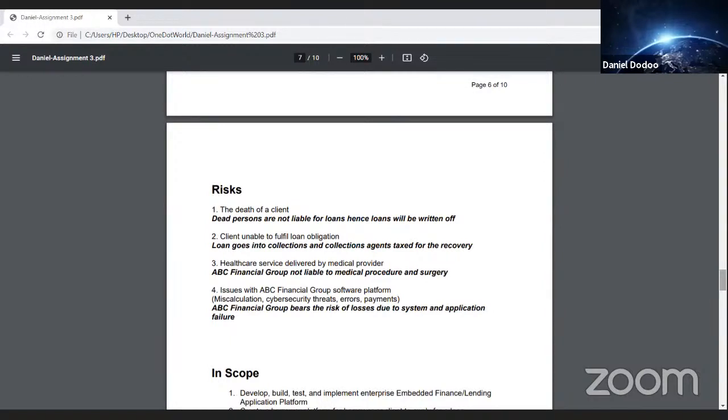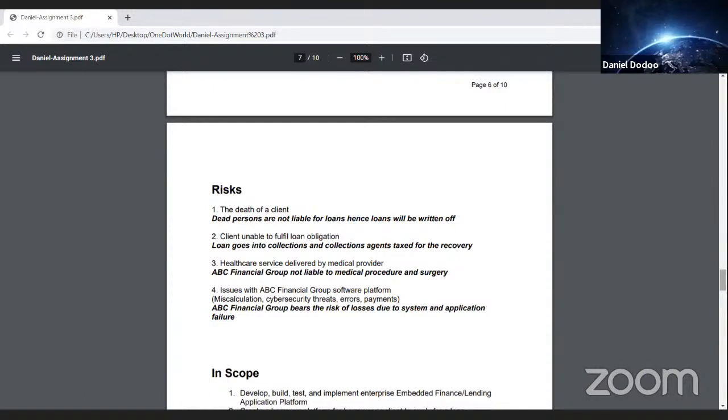With our very last risk, you have issues with the ABC Financial Group software platform. There are times when we have a bit of a problem with the business application, the business platform. We are looking at technical issues with our application.